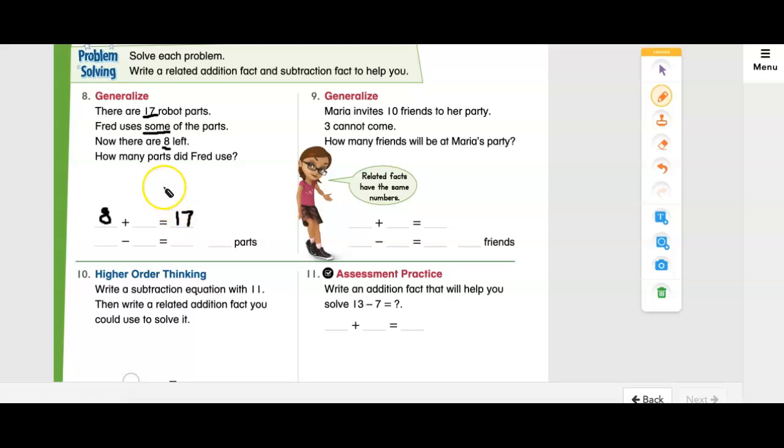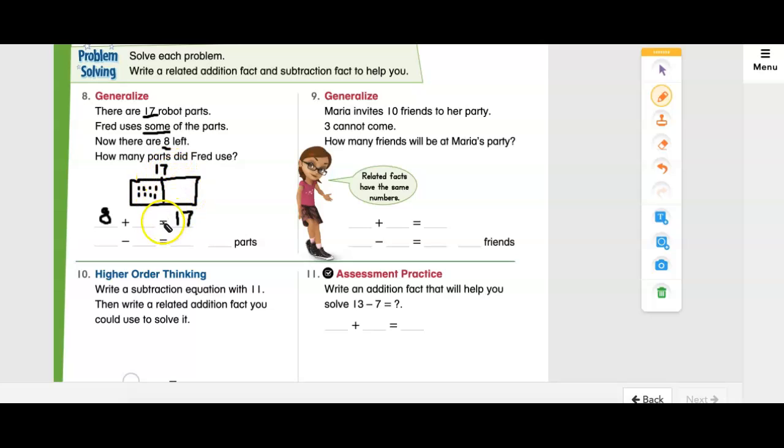You can make a part whole chart. You might have to make it kind of small, but you could say you have a whole of 17. Draw a small rectangle. Put a line down the middle and put 1, 2, 3, 4, 5, 6, 7, 8 dots on this side, and then count on from 8 until you get to 17.